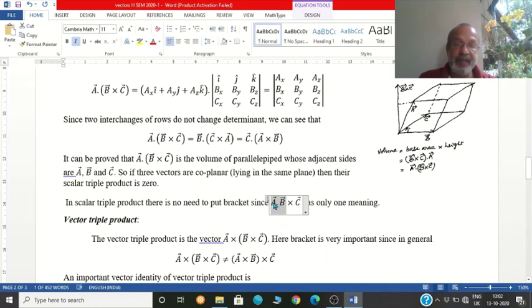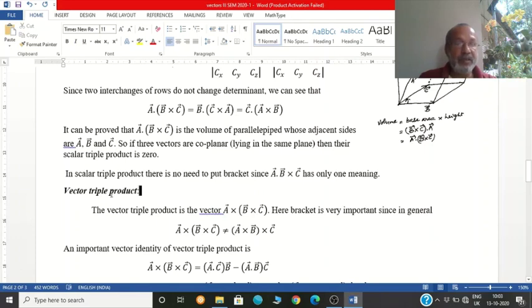If A dot B is taken first, then A dot B will be a scalar quantity, and a scalar quantity cannot have a cross product with C. So that expression will be meaningless. But everybody puts a bracket here, maybe for convenience, to indicate that B cross C should be taken first. That will be another vector that should be dotted with another vector A.